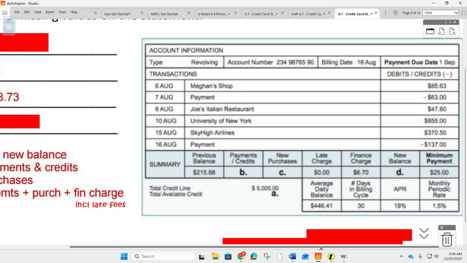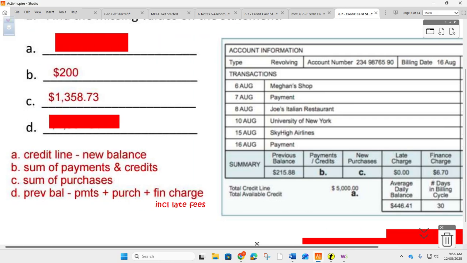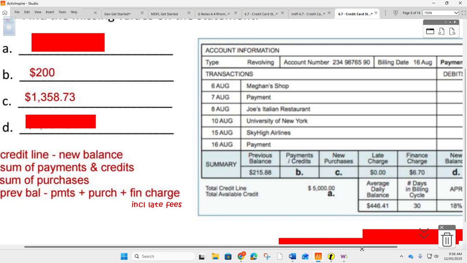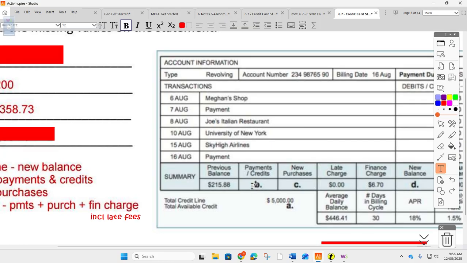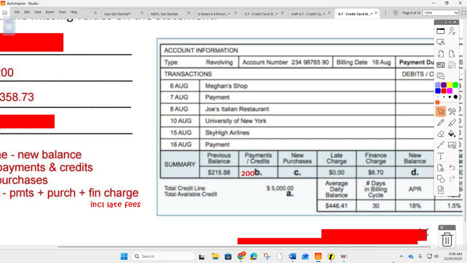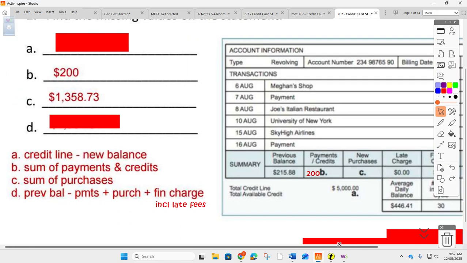Payments? So here, if we go through, now we know what our B and C are. So our payments were $200. Our new purchases, $1,358.73.